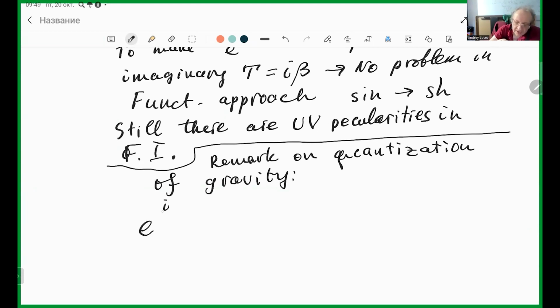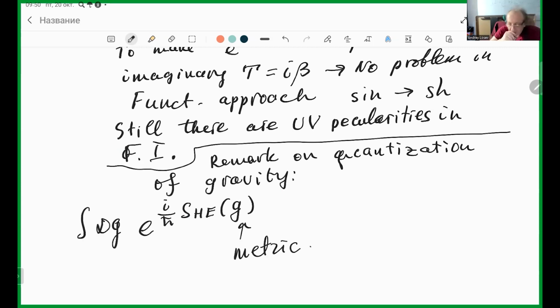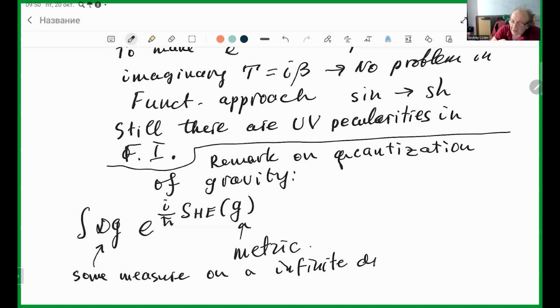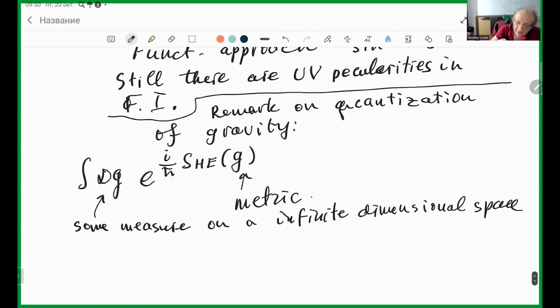Suppose we would like to do the same thing for, say, the Hilbert-Einstein action. That depends on g. This will be a metric. From the Feynman point of view, we should put here some measure on an infinite dimensional space of metrics.